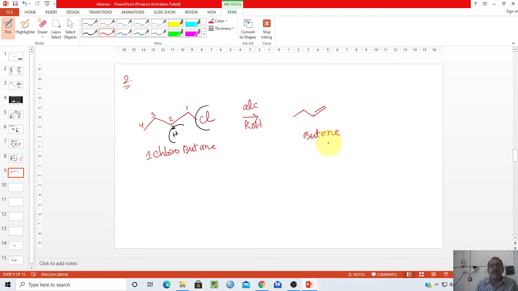So what we have done here, we have removed halogen. So halogen was here, that halogen has been removed. So therefore the reaction, what is the name of the reaction? Halogen has been removed. If you remove something, what will we tell? We will tell de. What has been removed? Halogens. Therefore dehalogenation reaction. Okay. So this is dehalogenation reaction.